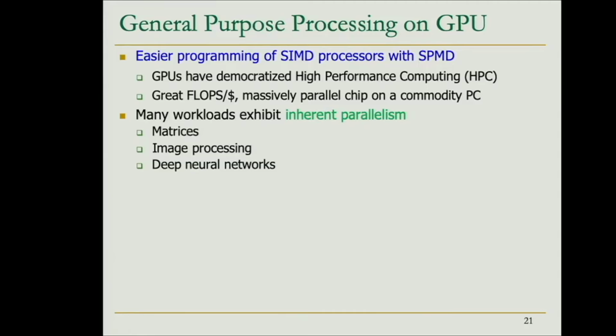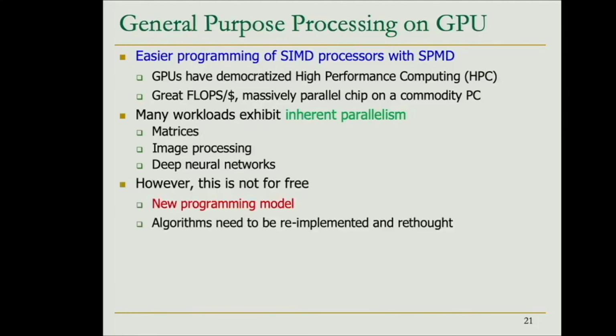Obviously, the performance is going to be degraded, but it's still possible to program them this way. But they essentially are very, very good wherever we have inherent and regular parallelism. Examples of that are linear algebra, that is, matrices, image or video processing, and deep neural networks. However, this is not for free, and why is that? Because there is a new programming model and we have to learn it.